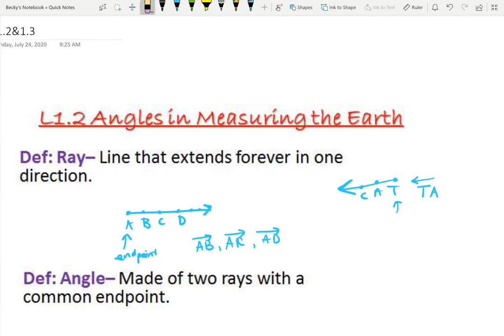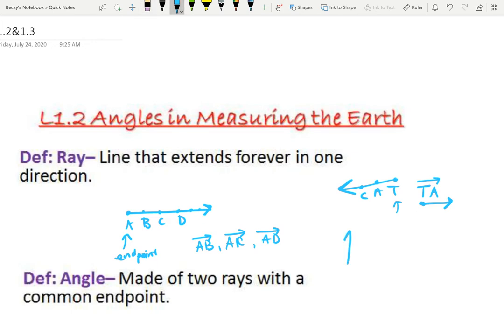And I realize the arrow on the diagram goes to the left, but when you write this, it always goes to the right. This indicates this is the endpoint, the T, and it goes on toward A. If you were to write this going the other way, that's indicating, hey, I'm starting at A and then going toward T. So don't make that little mistake.